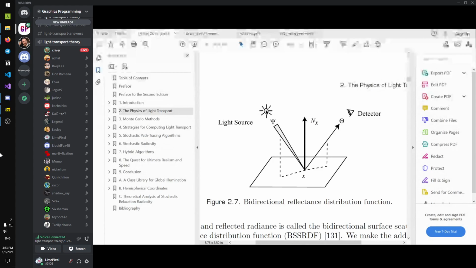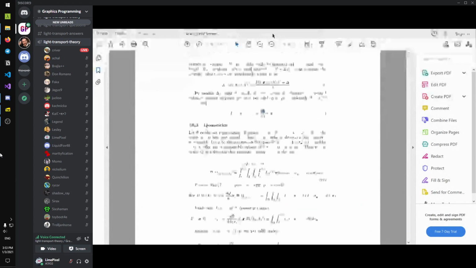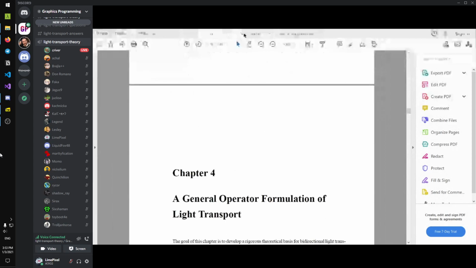So you say, okay, if I shoot some light from direction psi, how much light would I get leaving in direction theta? Now, if you flip it, if you say my light source is instead at theta and my detector is at psi, if I flip the direction of light, does the BRDF keep the same value? And if it does, it's symmetric.